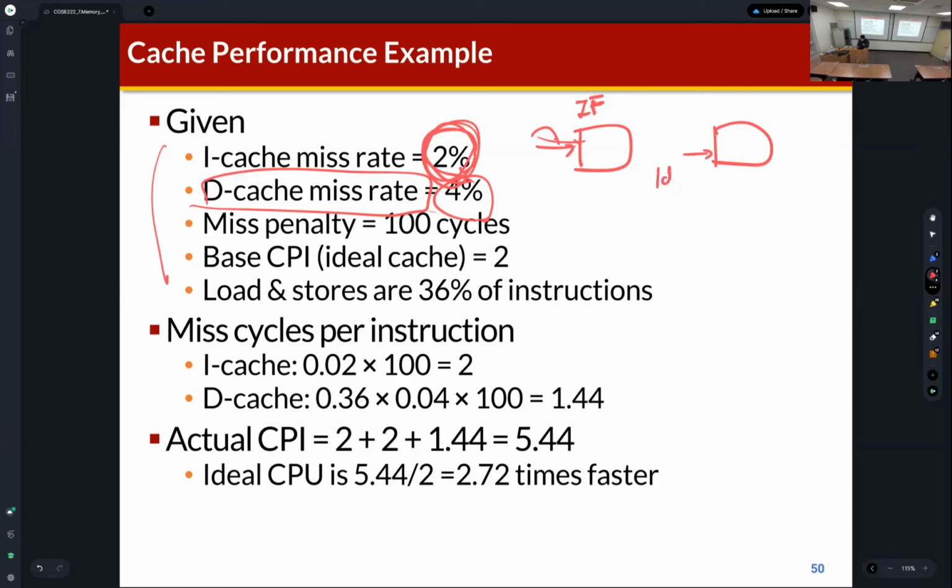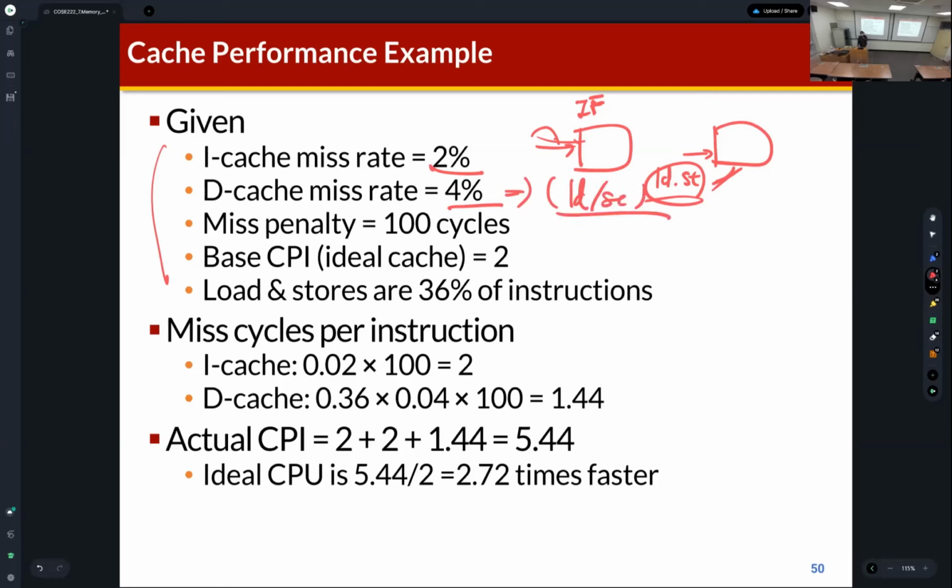Actually, only the load instruction and store instruction access data memory. So the data miss rate is 4%, which applies only to load and store instructions.